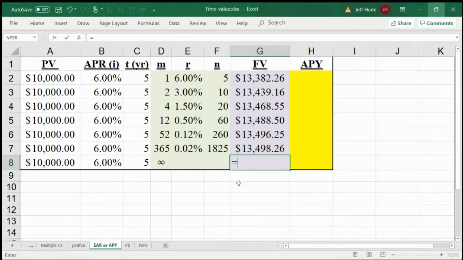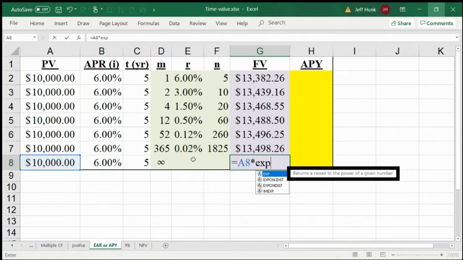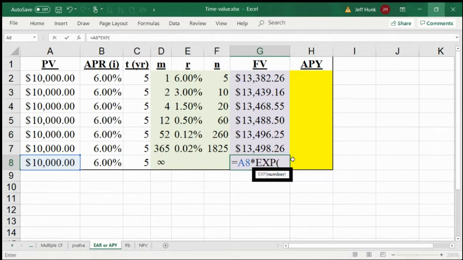All you need to do is P times exp, the exponential function. It's here already. You can just double click, 6% times T. You get a result slightly better than daily compounding, right?